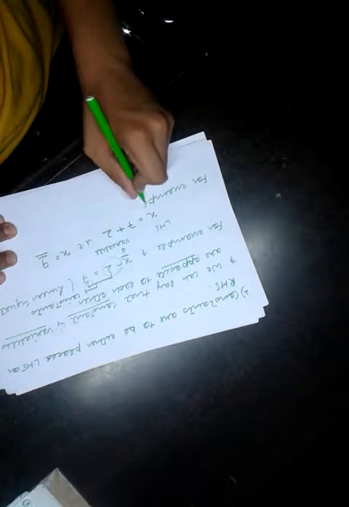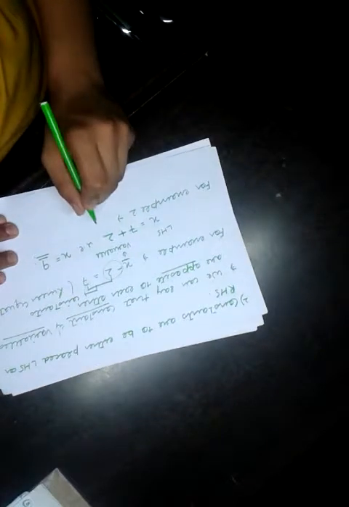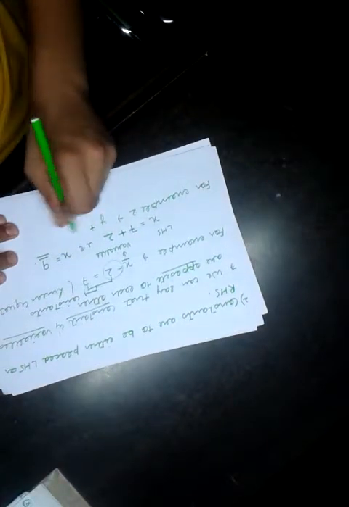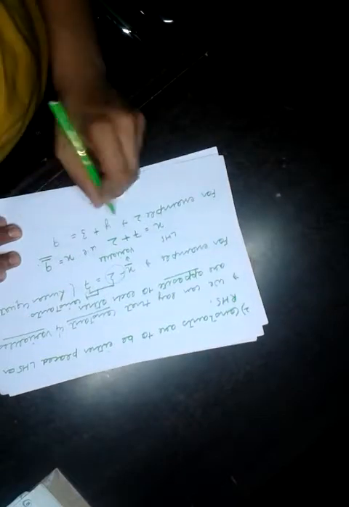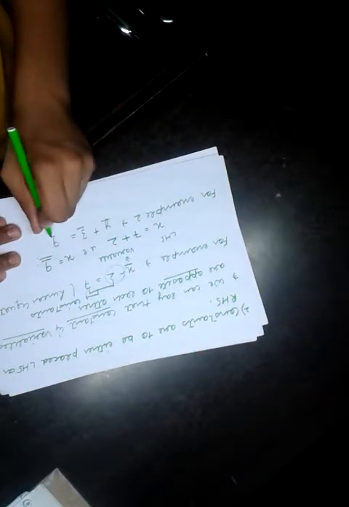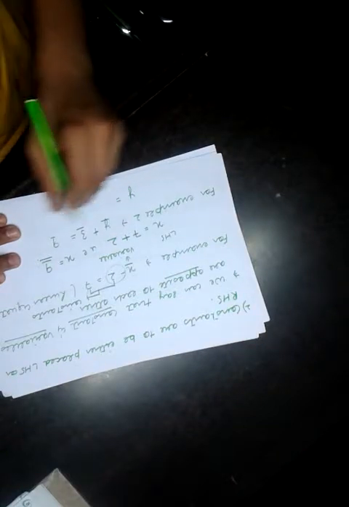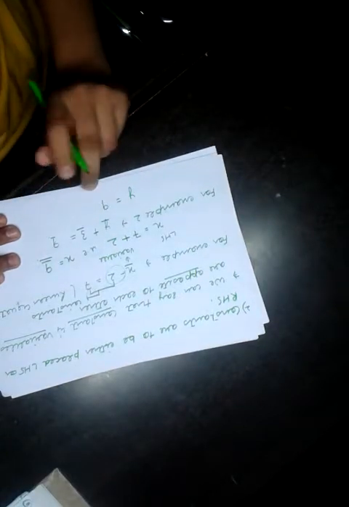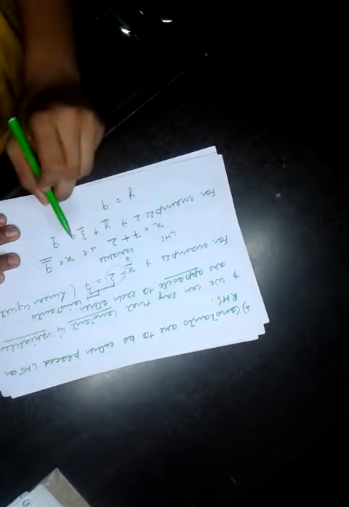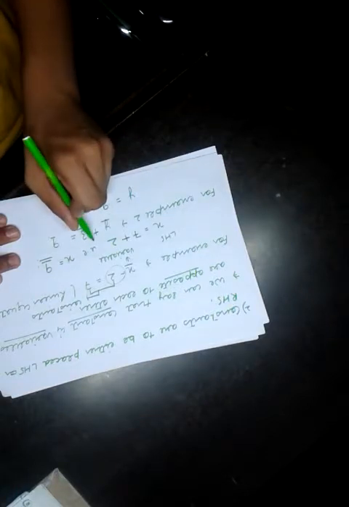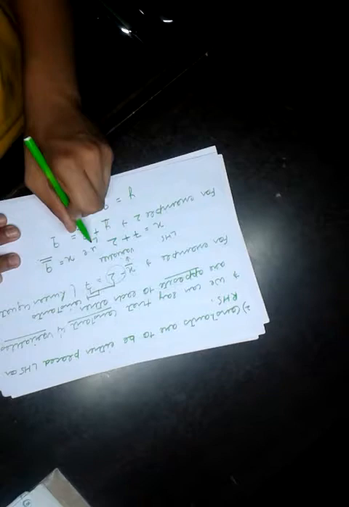Example number 2. y plus 3 is equal to 9. y is the variable, 3 and 9 are the constants. Let us take y on the LHS side. 9 is on the right hand side. Let us take 9 as it is. Now 3 is plus 3 on LHS.